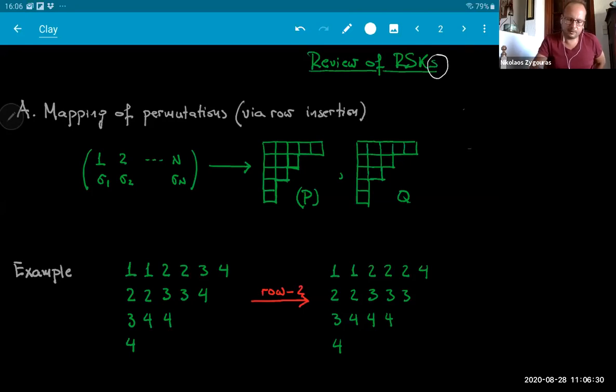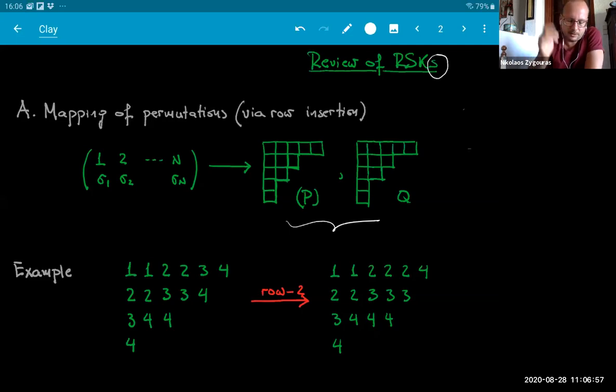I think most of the people are familiar with what is going to be on the first slide. What is RSK? RSK is a mapping of permutations to a pair of what is called Young tableaux. Young tableaux are these shapes the way you see them, and then we fill them with the numbers 1, 2, up to n.